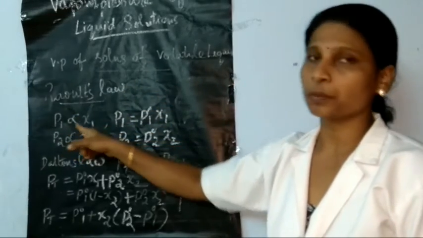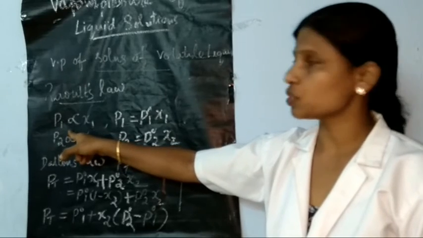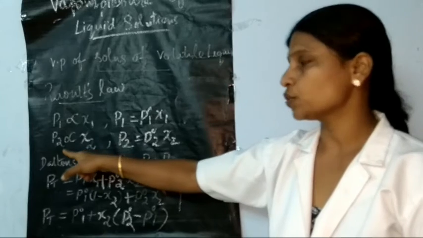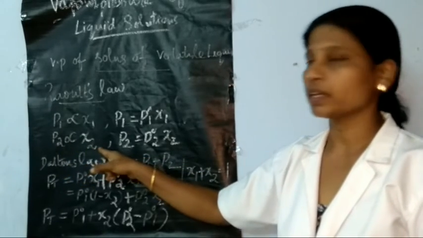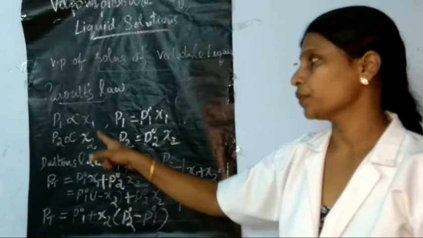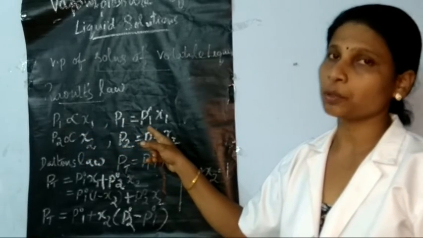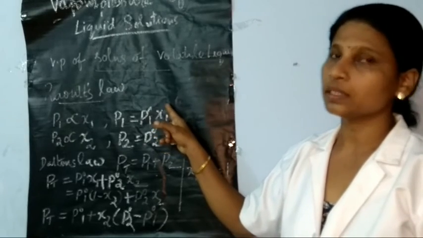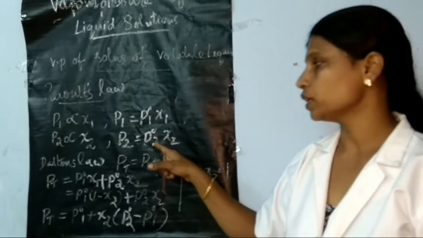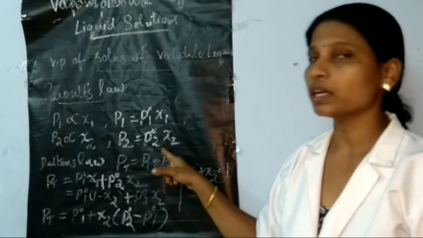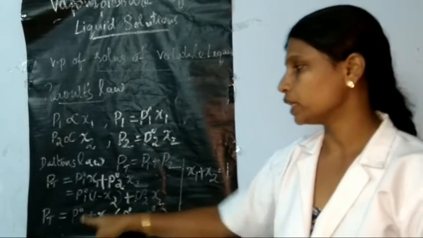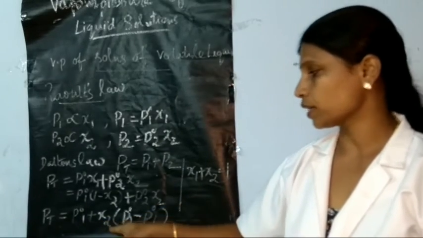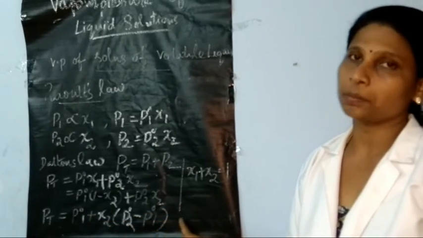P1 is proportional to X1, P2 is proportional to X2, with proportionality constants P01 and P02, the pressures of pure solvent and pure solute. Rearranging, the final equation is P total is equal to P01 plus X2 into (P02 minus P01).